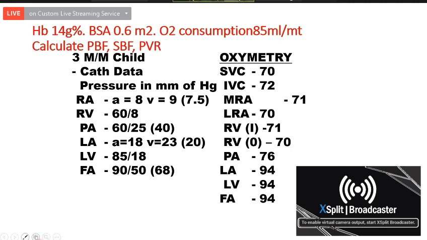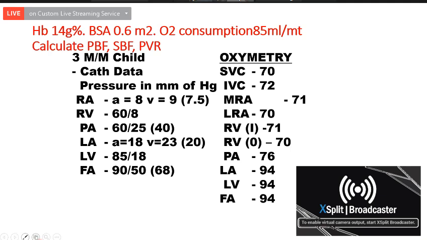So here, tell me the formula, that is enough. VO2 upon hemoglobin into 13.4 into 10 into the aortovenous oxygen saturation. No, I could not get you completely. Can you repeat it? VO2 divided by the pulmonary venous minus pulmonary arterial oxygen content.